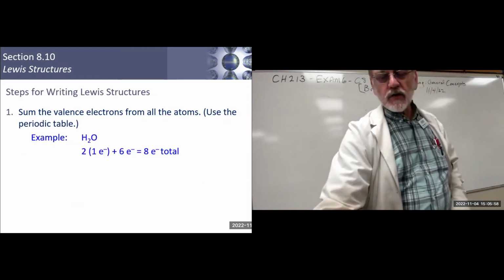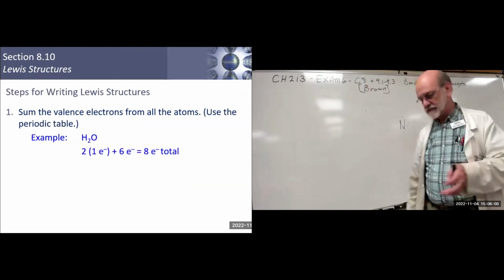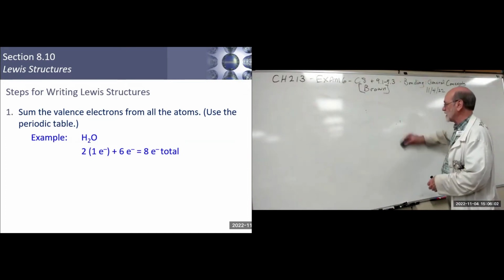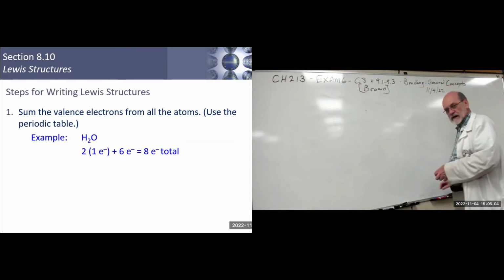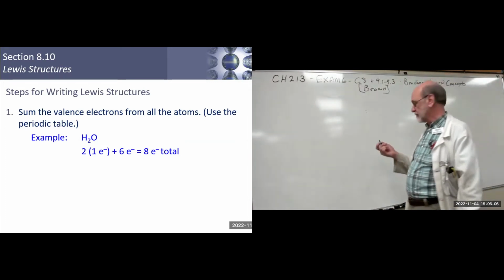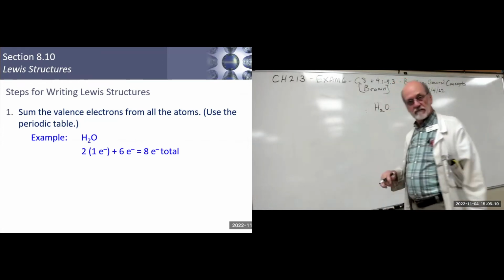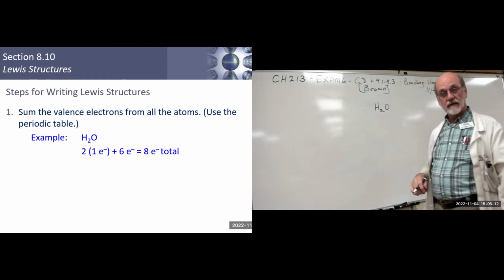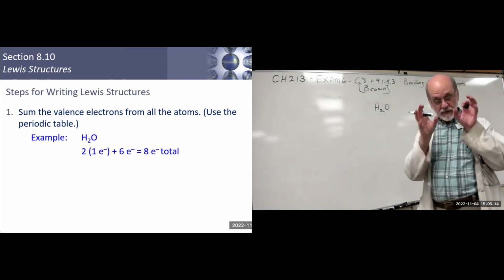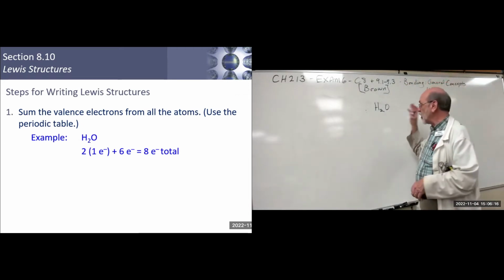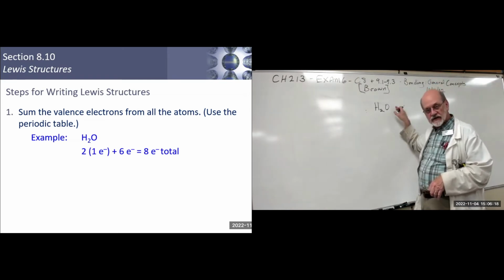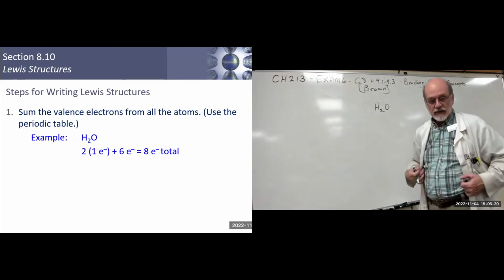Okay, now what do you do if you got a molecule and you want to write the Lewis dot structure for it? The example here is water. You know this compound exists, right? In the beginning, it is given to you, it exists. All right, now let's do something with it.